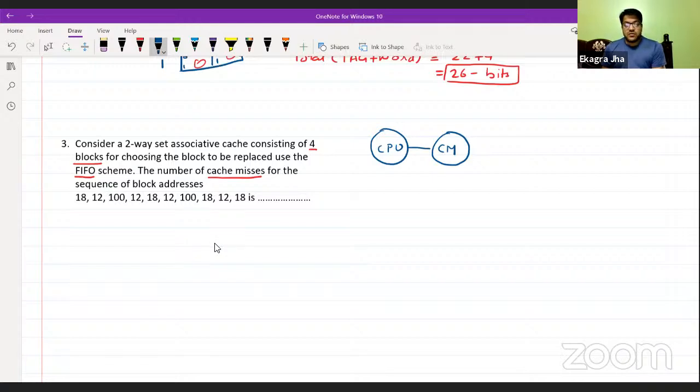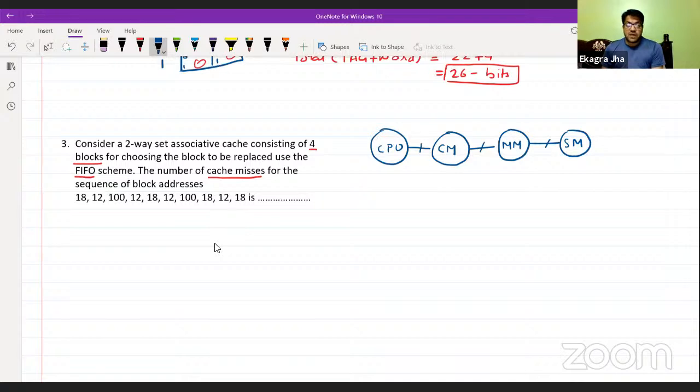Let's not go there. So there must be some intermediate memory, the cache, between the CPU and main memory, and then main memory gets connected with the secondary storage, which is the hard disk. This is how the organization looks.